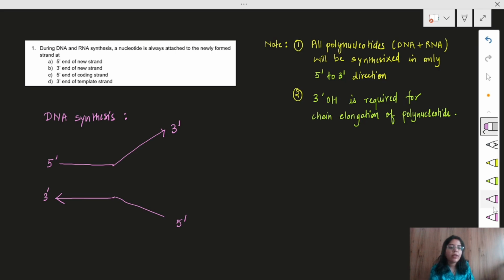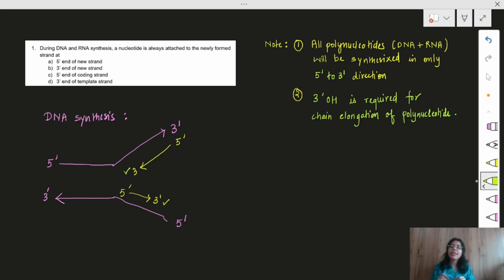Let's suppose this is my 3' to 5' template strand, this is 5' to 3' template strand. Both will act like parents. And on this parental strand, I will be synthesizing my new DNA in this direction, 5' to 3' in both the strands. So it means that my new nucleotide will come and attach on this side.